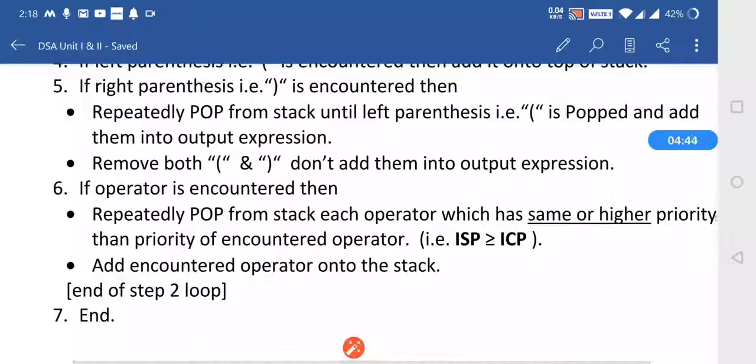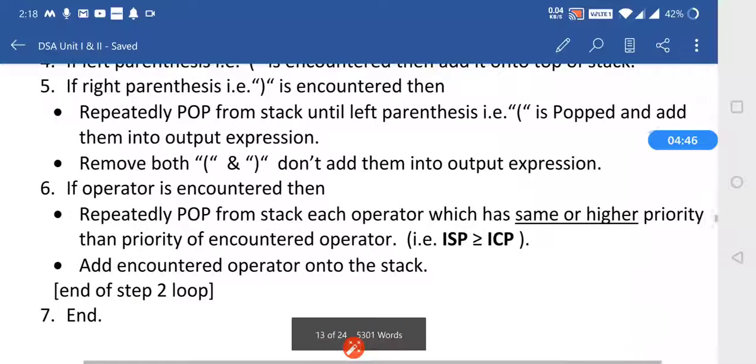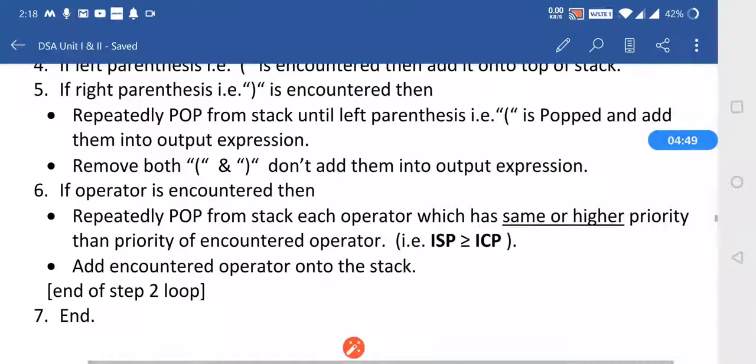And when an operator is found, the operator will be kept in the stack. But if we already have an operator in the stack and the incoming operator has lower priority than the operator present in the stack, the operator in the stack will be moved to the output, and the incoming operator will be moved to the stack, because the operator with the highest priority will be moved to the output first.